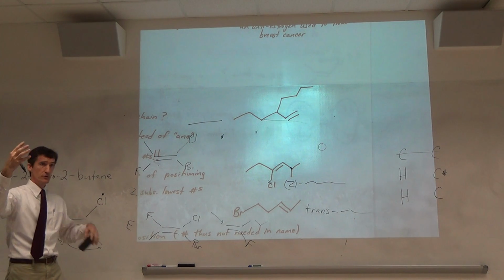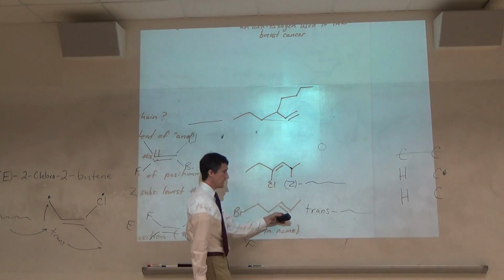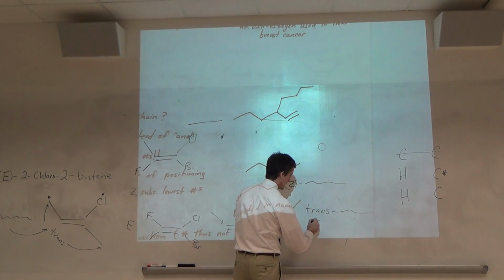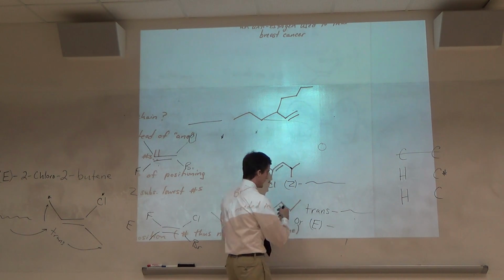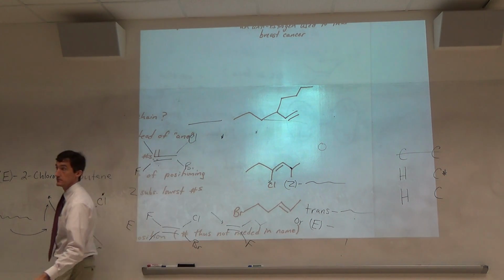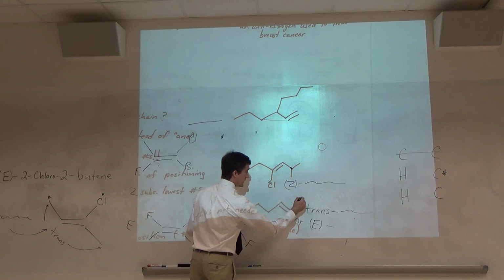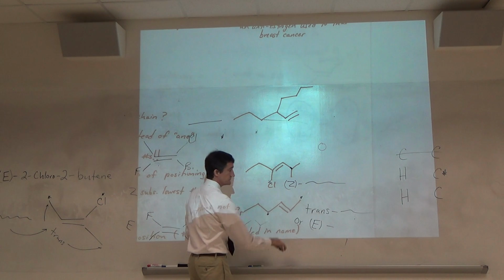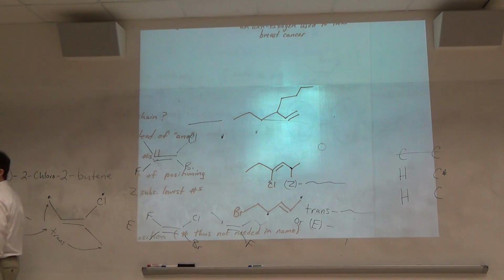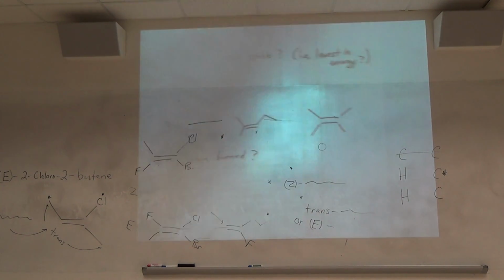Trans means two groups. But you could also call this E, because the high priority groups are opposite. High priority group is carbon, high priority group is carbon. But if you've got 3 or 4 groups, you can't use trans, because it's a little ambiguous.